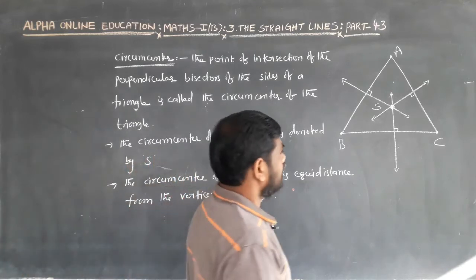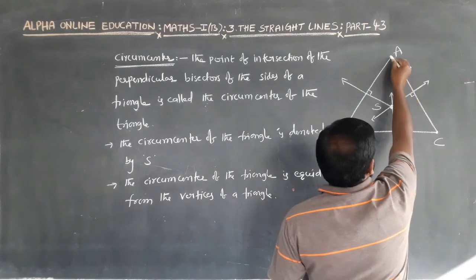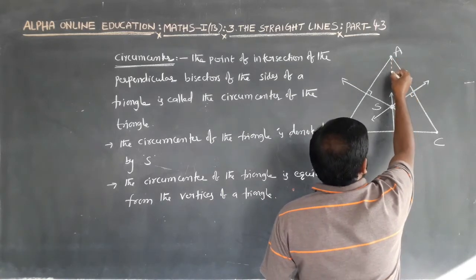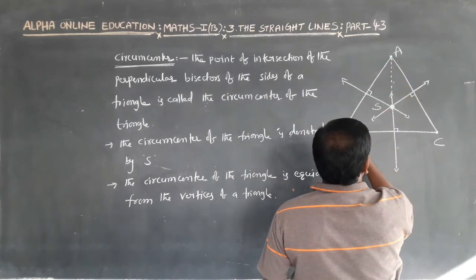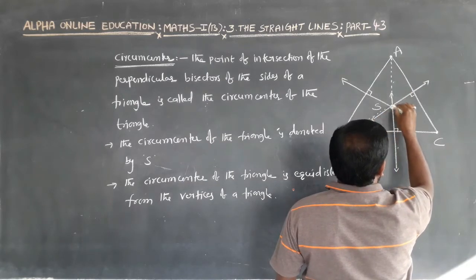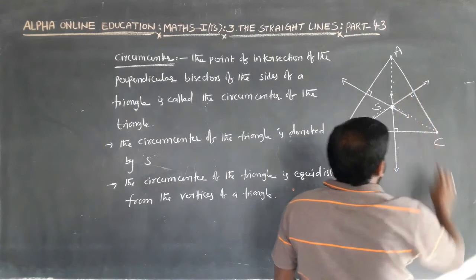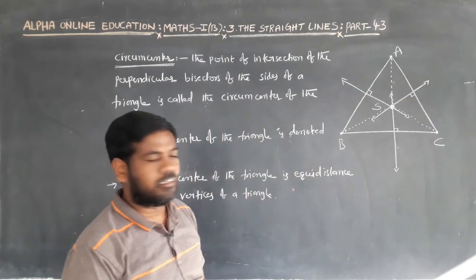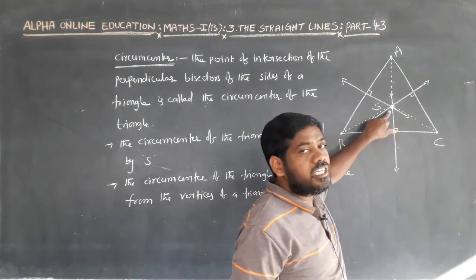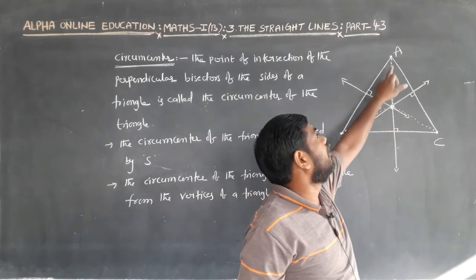Observe here, the circumcenter of a triangle is equidistant from the vertices of the triangle. Equidistant from the vertices means the circumcenter is at equal distance from the vertices.